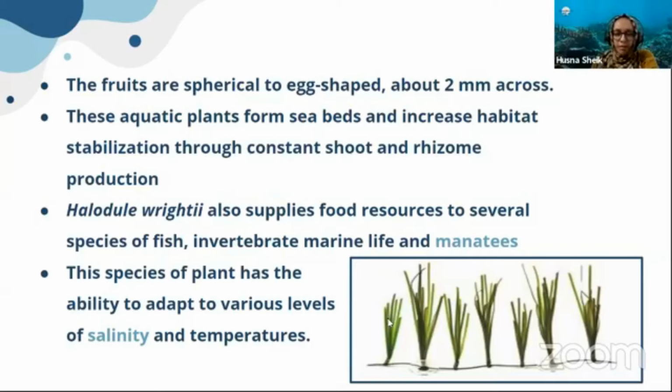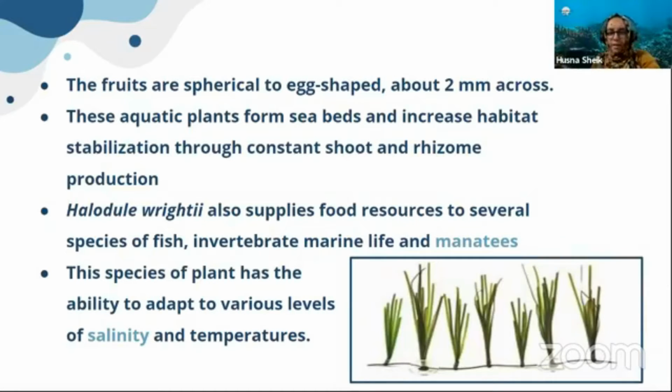The patches are not crowded, and you can see a distance from each node. These aquatic plants form seabeds and increase habitat stabilization through constant shoot and rhizome production. Through the rhizome they give new plants, so they make a network on the sea floor.